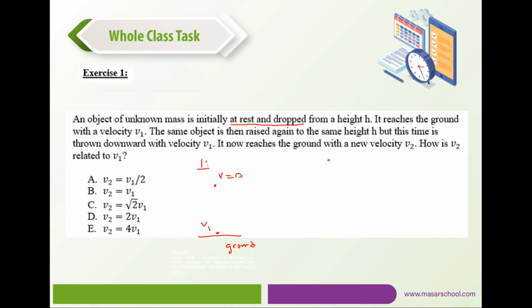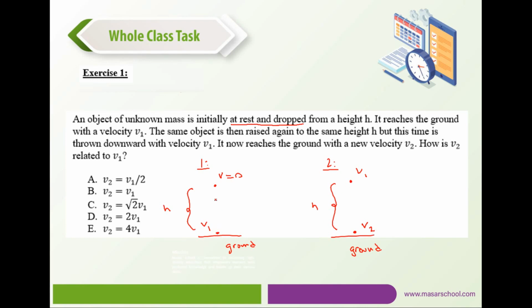Now what we're gonna do next is that the object is raised again to the same height, and in this case we will drop the object with a velocity v1, which is the same velocity v1 here, and it will gain a new speed or new velocity v2. We need to see how is v2 related to v1.